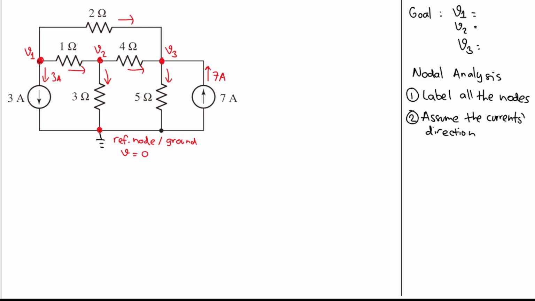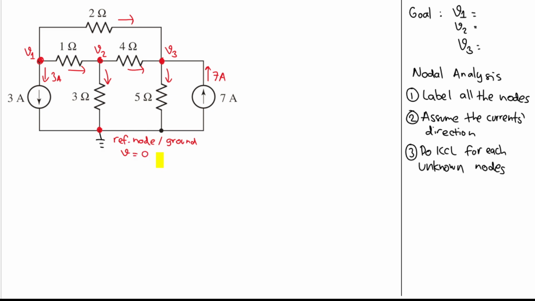So let's move on to the third step, which is to do KCL for each unknown node. What are unknown nodes? The nodes whose values we don't know yet.